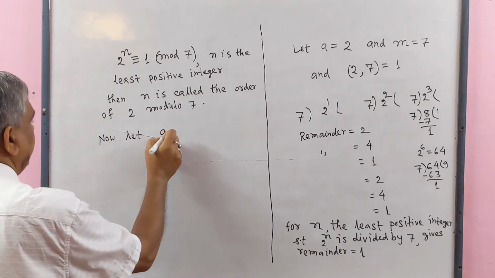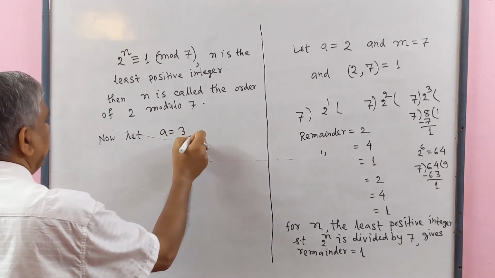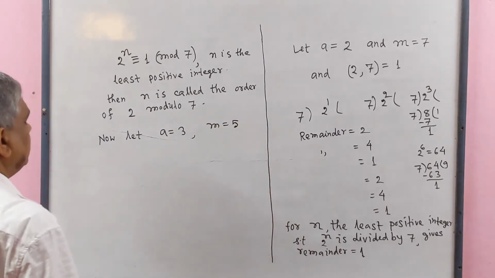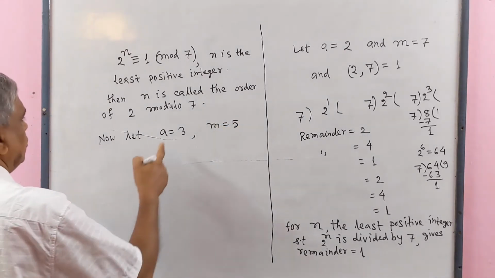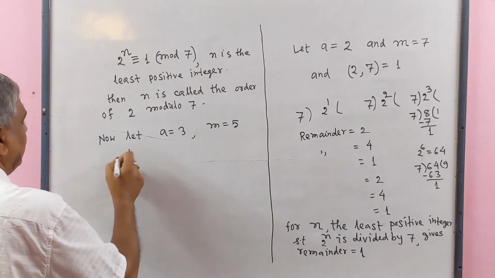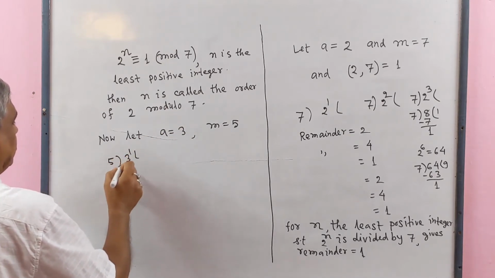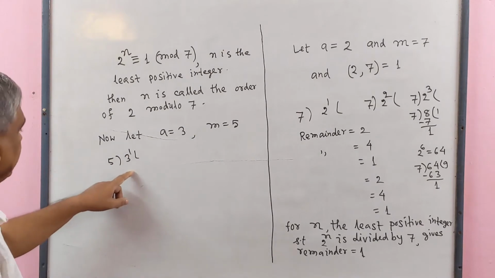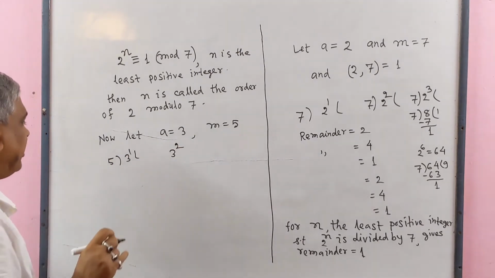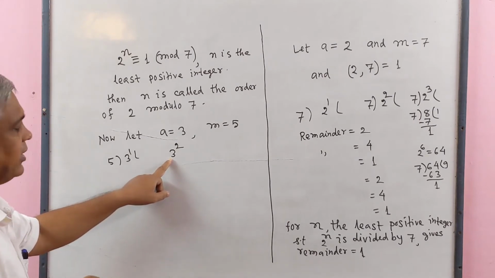Now let a equal to 3 and m equal to 5. When 3 to the power 1 is divided by 5, we get remainder 3. When 3 square is divided by 5, we get remainder 4.